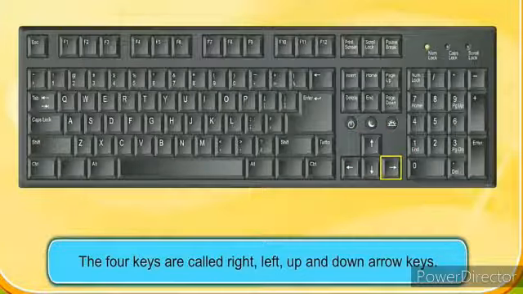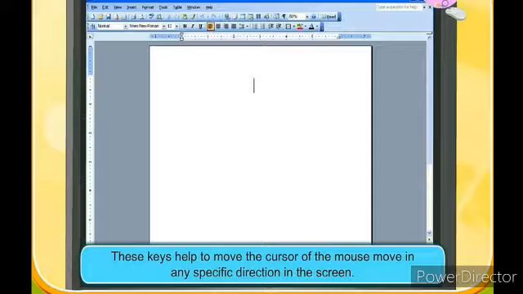The four keys are called the right, left, up, and down arrow keys. These keys help to move the cursor in any specific direction on the screen.